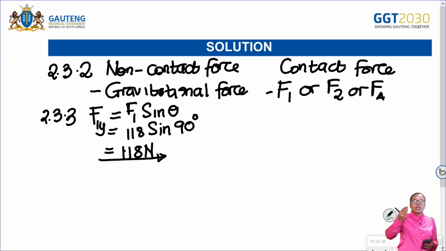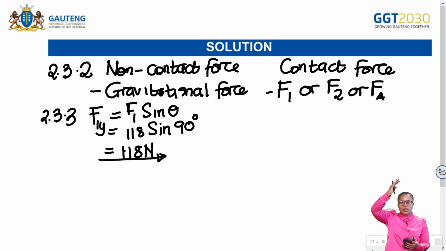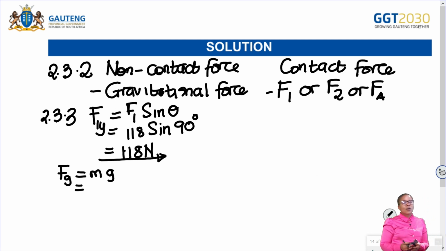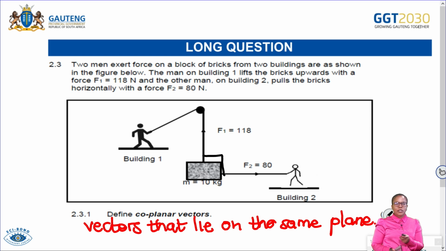But we're still calculating the vertical component of F1. And now there's the force of gravity, which we know is Fg, equal to mg. We ask, what is the mass of this? Let's go back. We are told that it is 10 kg.